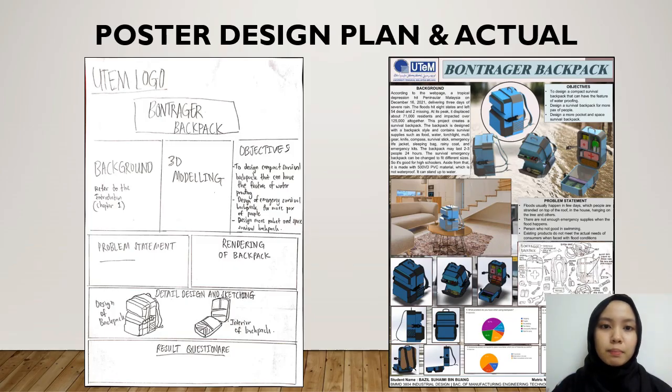Next is the poster design plan for the Bond Treasure backpack on the left, and on the right is the Bond Treasure backpack poster design, which consists of background, objective, problem statement, sketching, 3D rendering, questionnaire, and also front, side, and back view.